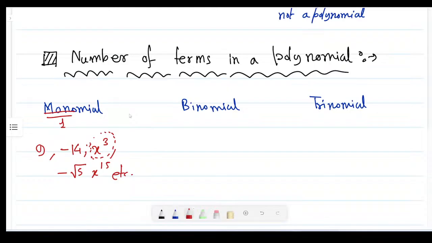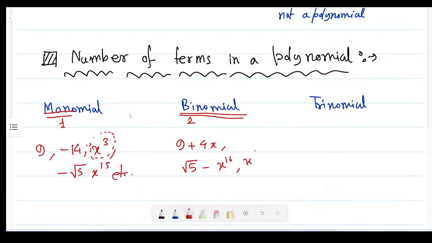Next, binomial. Bi means two. So we have to take a polynomial with just two terms, only two terms. It may have different kinds of powers. So it may be 9 plus 4x also. It may be root over 5 minus x to the power 16.